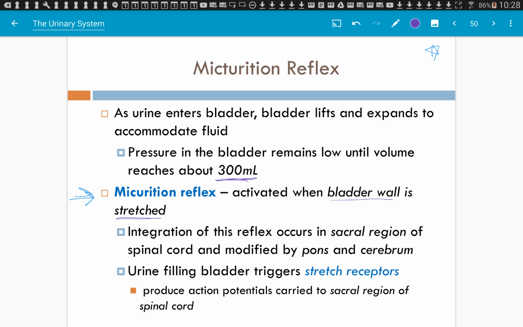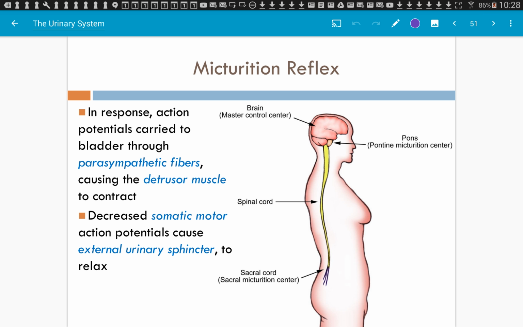And this involves the spinal cord and parts of your brainstem and your brain itself. So it incorporates portions of the central nervous system, both the brain and the spinal cord. Stretch receptors are what pick up on the bladder stretching because it's filling up with urine, and those stretch receptors send signals to the spinal cord.